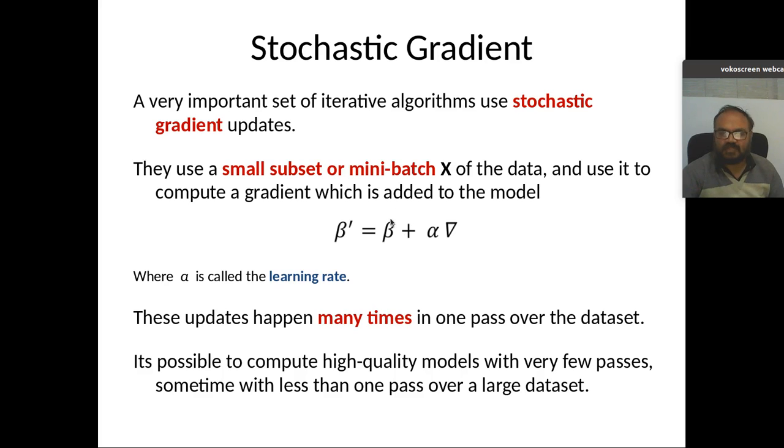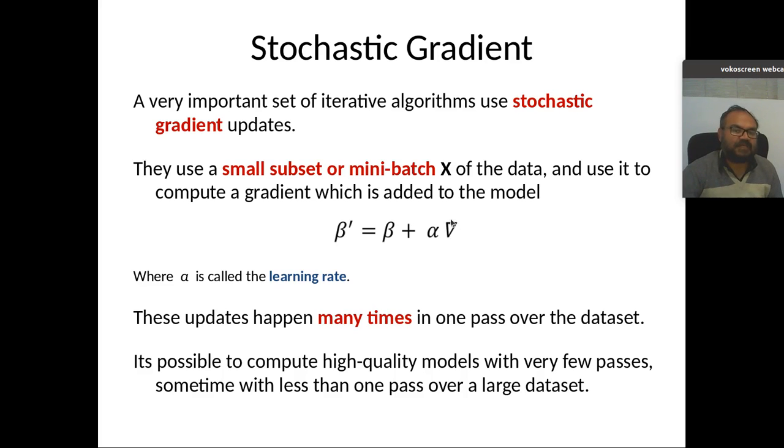So you'd start with an initial estimate of beta, and then change it by a small amount, which is equal to alpha times the gradient. If the gradient is large, that means our initial estimate was wrong, and it would be changed towards making the gradient smaller.